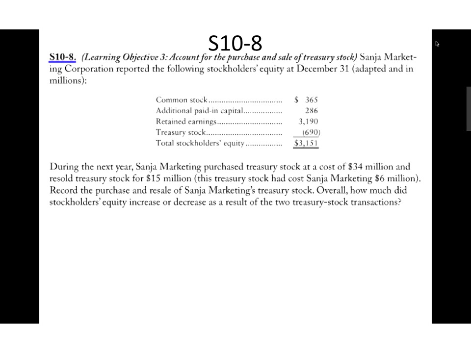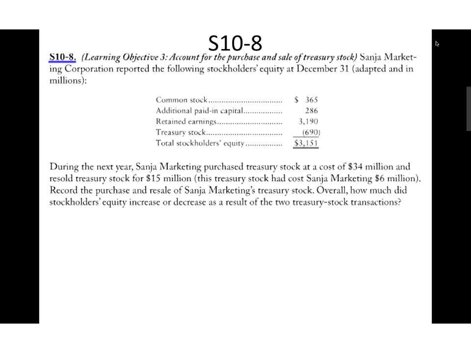So, short exercise 10.8. What they're giving us in this exercise is the stockholders' equity section of a corporation. We're told how much common stock is, how much additional paid-in capital is, retained earnings, and treasury stock, so we get total stockholders' equity. Treasury stock is subtracted because it reduces stockholders' equity.